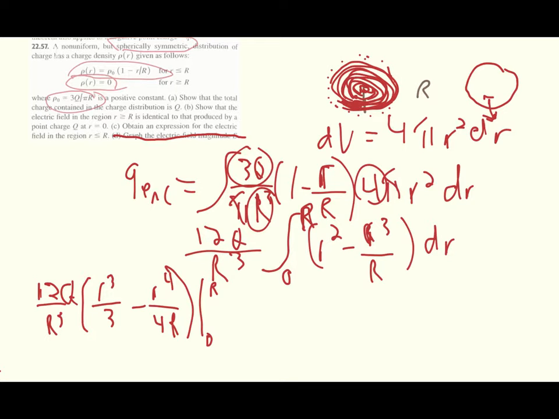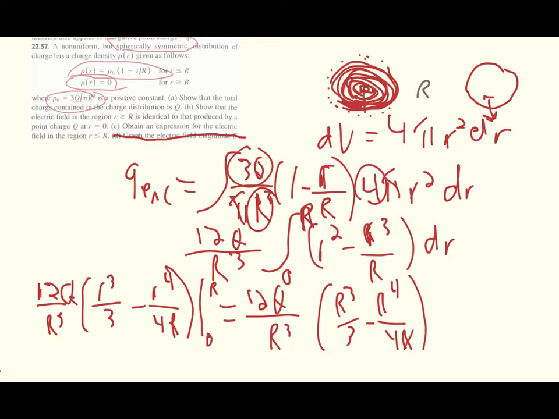So it's going to be 12Q over capital R cubed times capital R cubed over 3 minus capital R to the 4th over 4R. You can see one of these is going to divide out right away. We're going to have R cubed over 4.